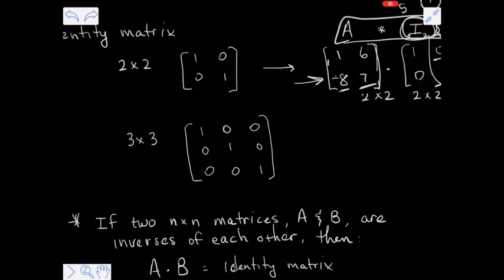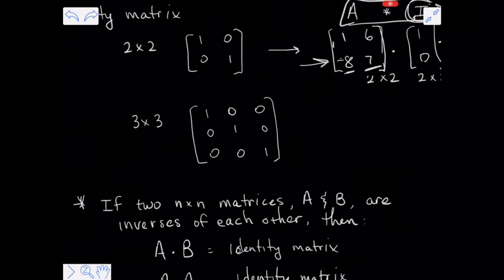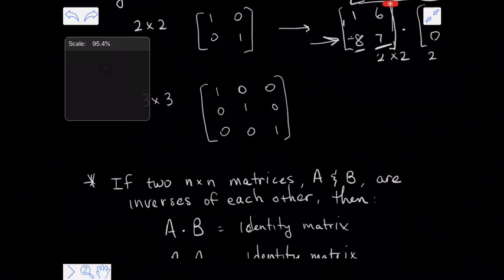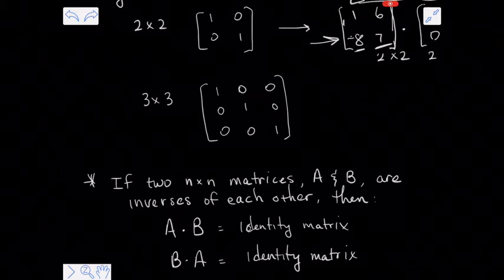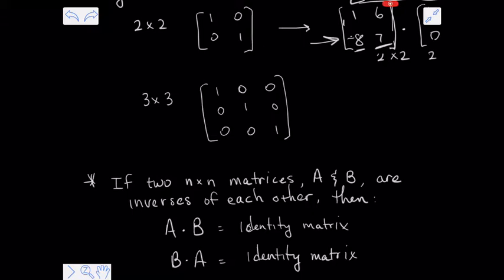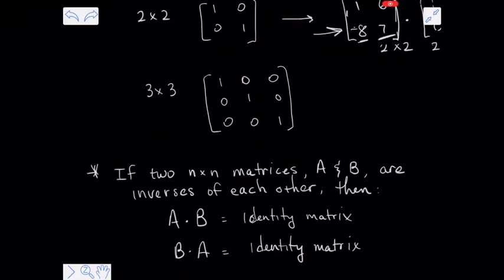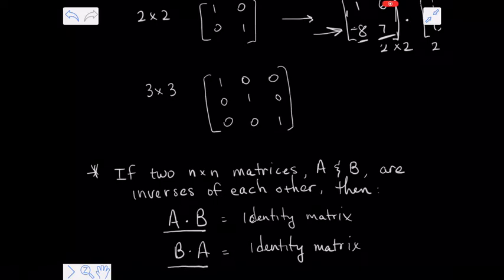So now we're ready for this statement here. If 2 square matrices, and they have to be the same size, so 2 by 2 and 2 by 2, or 3 by 3 and 3 by 3, but if 2 n by n matrices, A and B, are inverses of each other, then if you multiply them together, going in both directions, A times B and B times A, you get the identity matrix.